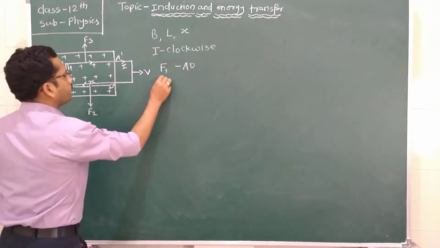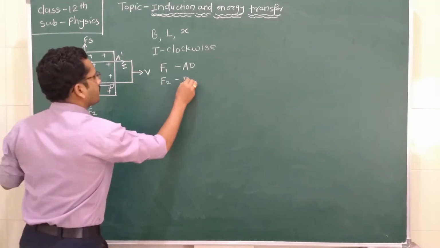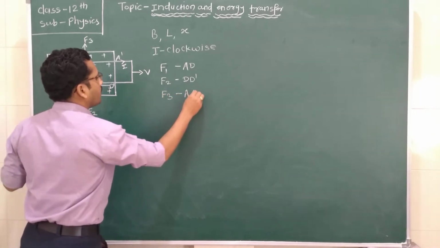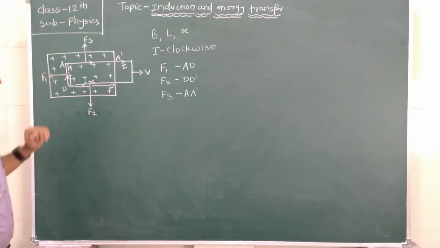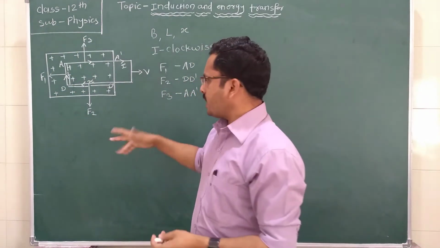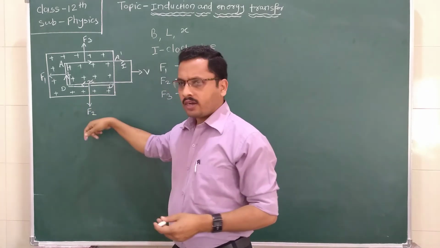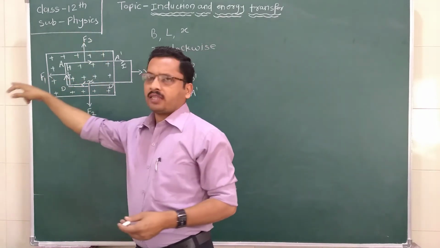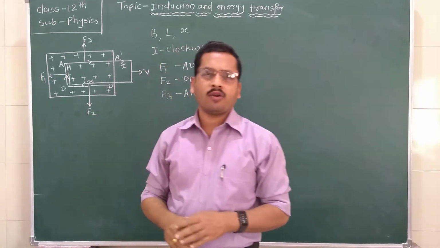Similarly, F2 is the force acting on side DD dash, and F3 is the force acting on AA dash. According to the right hand rule, F2 is in the downward direction, F3 is in the upward direction, and F1 is in the left direction. So these three forces are acting on the loop.